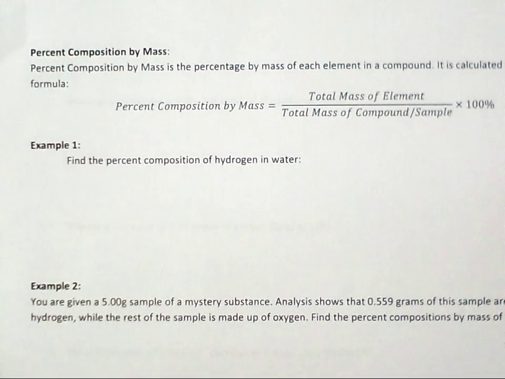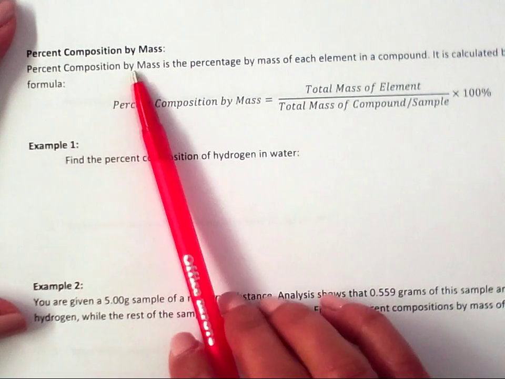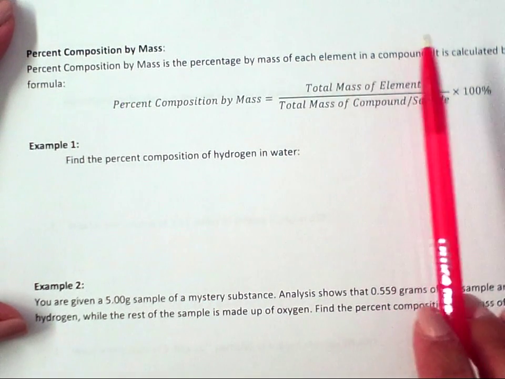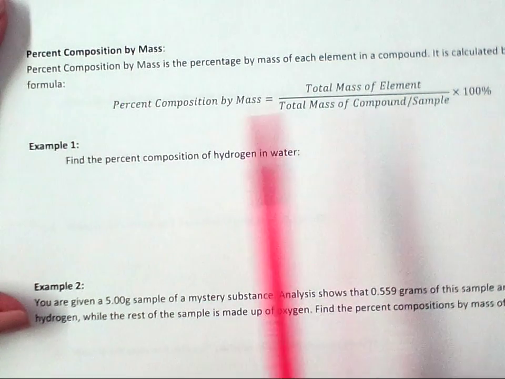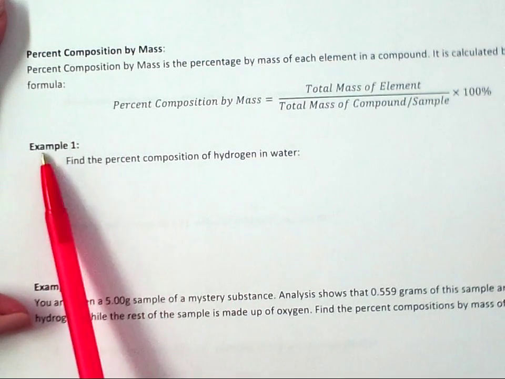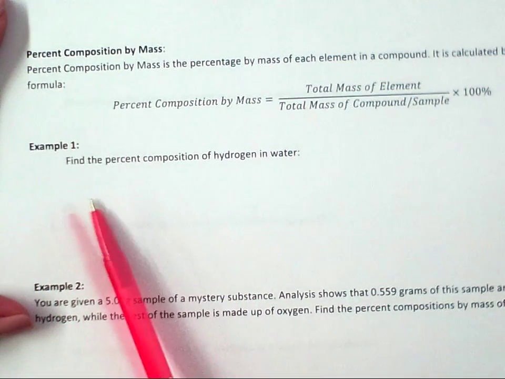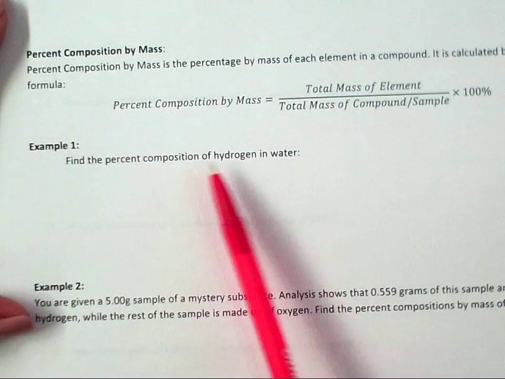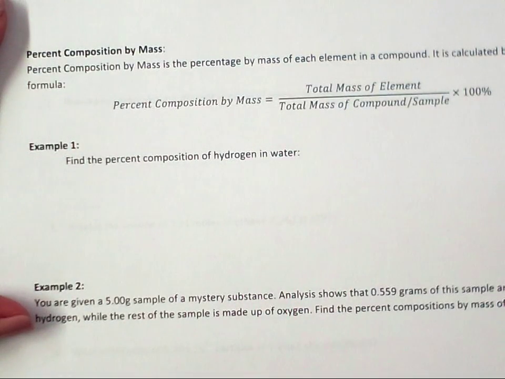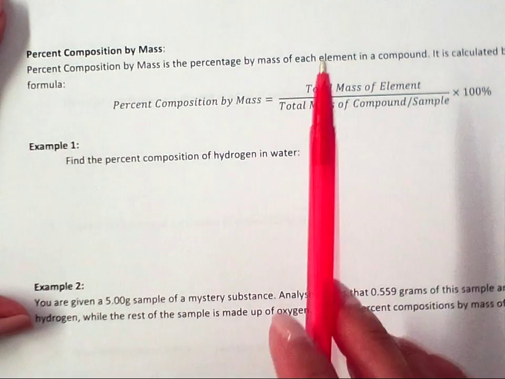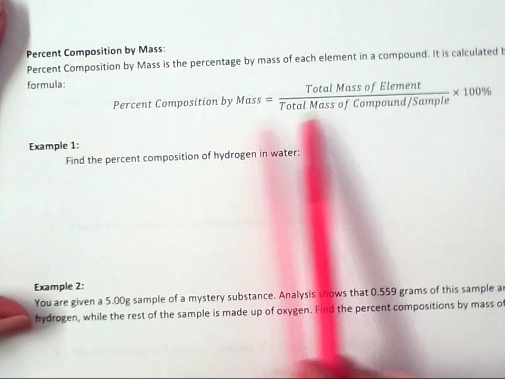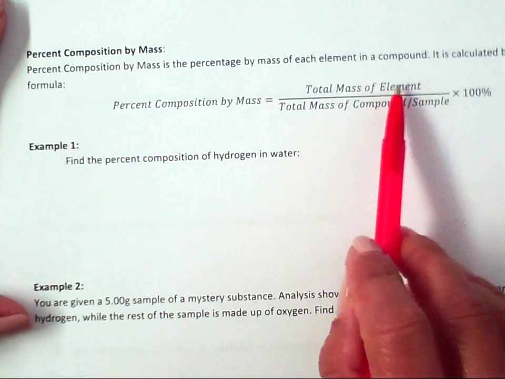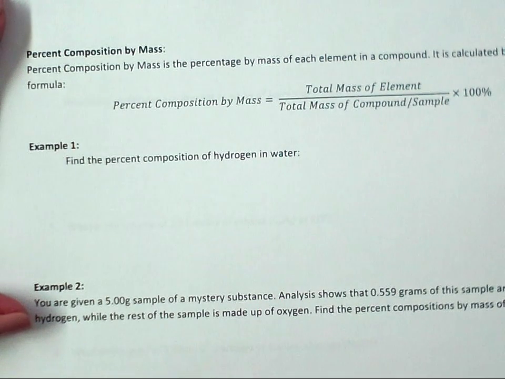You have percent composition, which is the mass of each element in a compound, meaning if you were given something like example number 1, it says, find the percent composition of hydrogen in water, meaning they want to know the mass of just hydrogen in the entire molecule of water. So if this is the formula, and you do need to memorize it for the test, the total mass of just the element divided by the total mass of the compound.